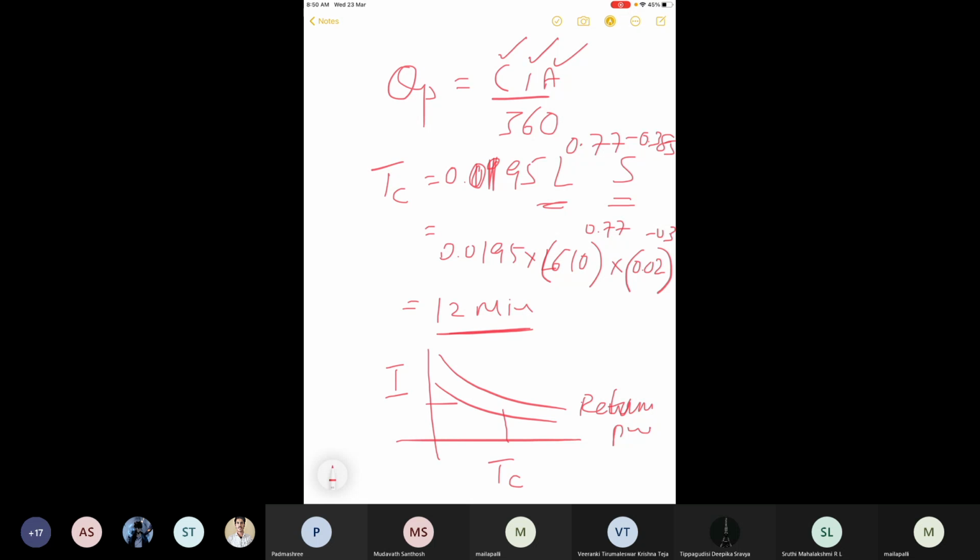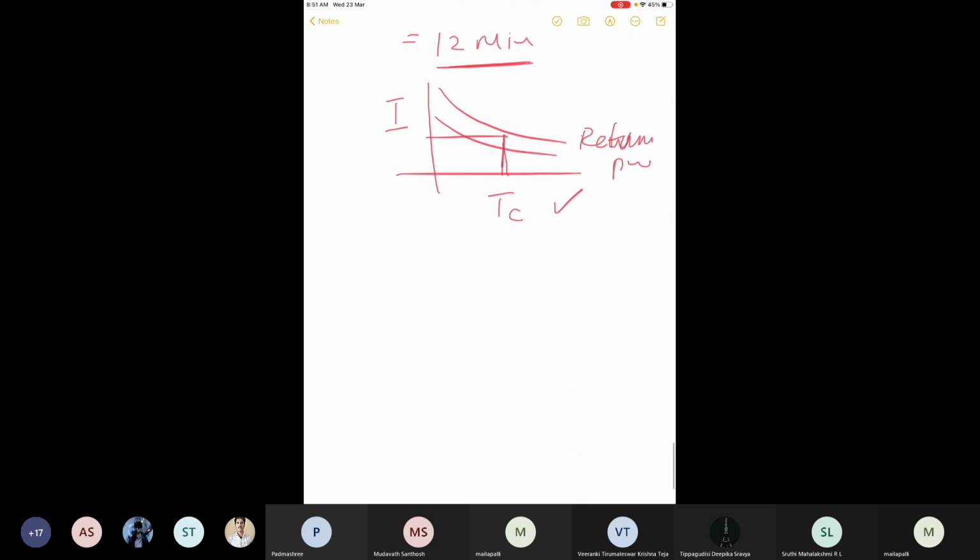We're going to supply this curve, and you can identify it easily knowing the return period.